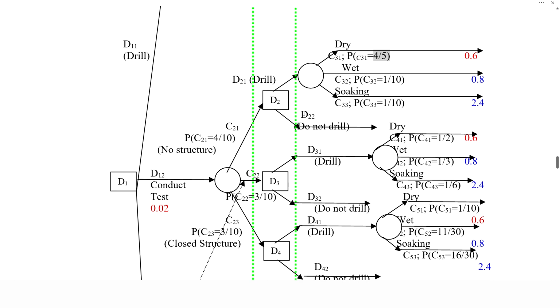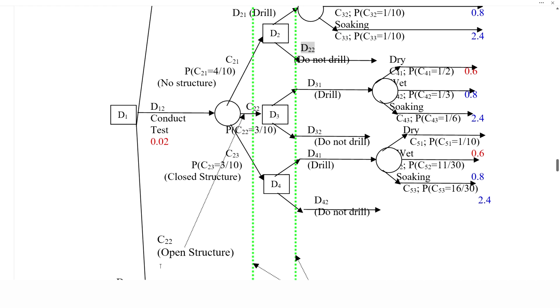Similarly, there is an arm D22, which is do not drill, which you have already seen, and following this logic, if I go to open structure, which is D3, then you drill, D31, and the other part is D32, where you do not drill. After you drill, again you count the same thing: dry, wet, soaking, with net present value being negative 0.6, positive 0.8, positive 2.4.